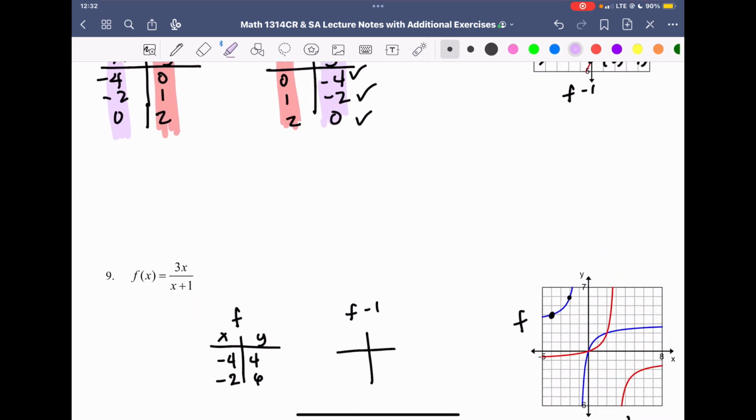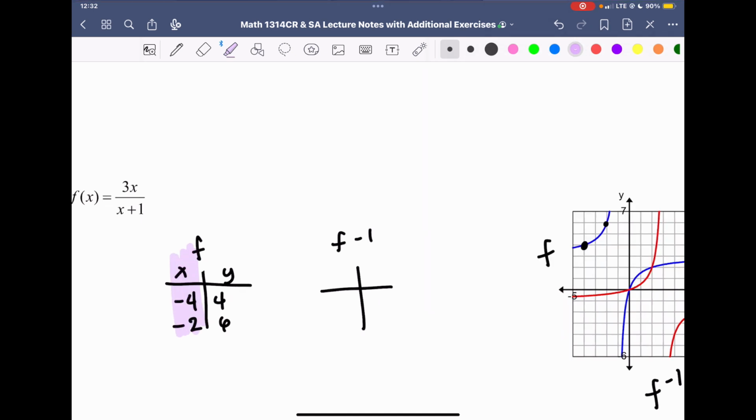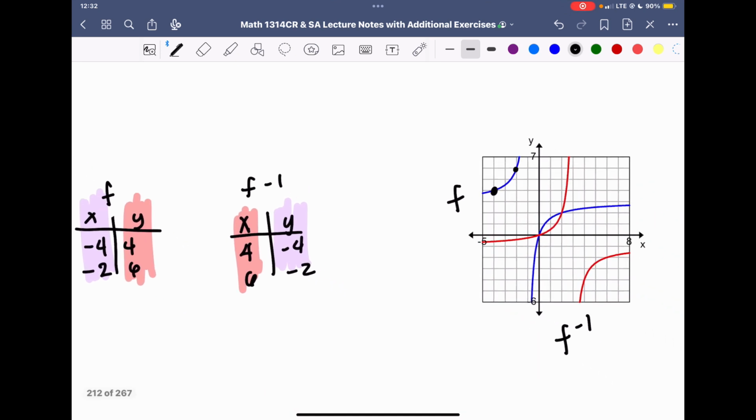So what we did earlier, we said this is the x and this is the y. So the y's become x's, x's become y's. The inverse of the first point is going to be 4, negative 4. The second one would be 6, negative 2. Let's see if we are able to locate that down here on the red graph. So this is blue, this is red.